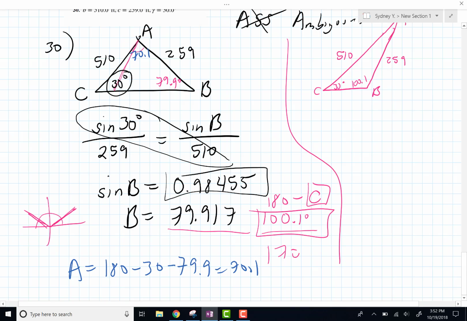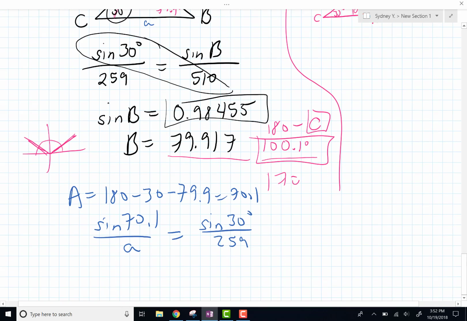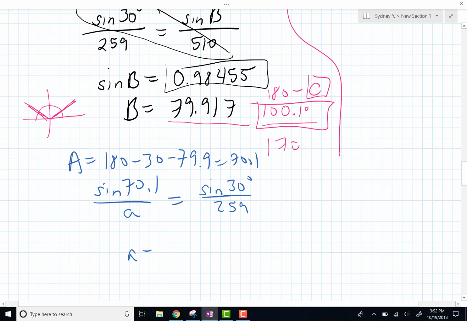And if that's the case, I can finish finding my last side, that A, by doing law of sines. So the sine of the 70.1 over A equals the sine of the 30 over its opposite side. And then to solve for A, you just multiply on the diagonal you can and divide by the other guy.